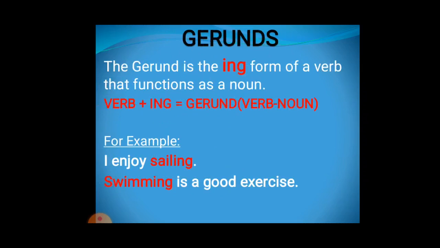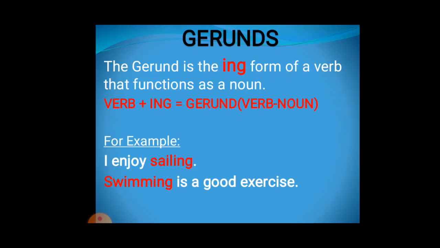Now what are gerunds? Now a gerund is the ing form of a verb, but which functions as a noun, not as a verb. So here we make a verb a gerund by using ing at the end of that verb. Like read is a verb and we can make it a gerund as reading.